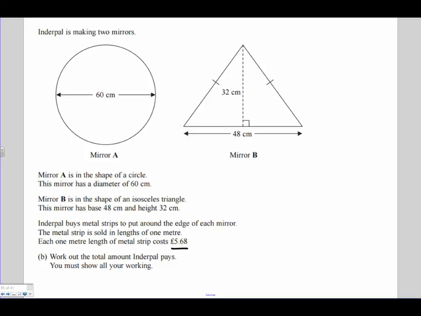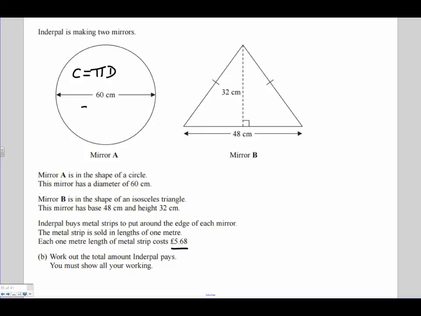So the first thing to do is to work out how much of the strip we need for each of the shapes. So starting off with the mirror, we need to work out the perimeter of the circle. Now the perimeter of a circle is called the circumference, and that is equal to pi times the diameter.